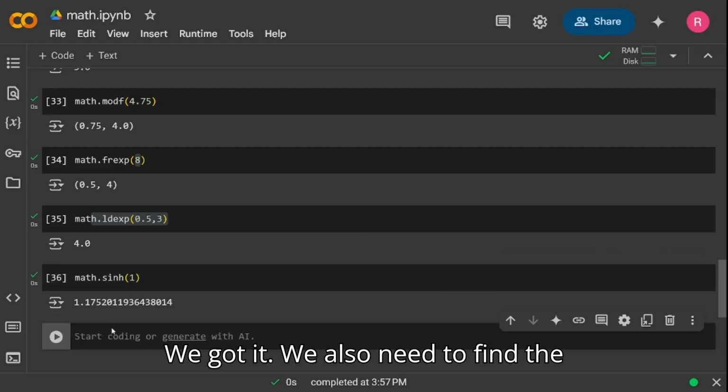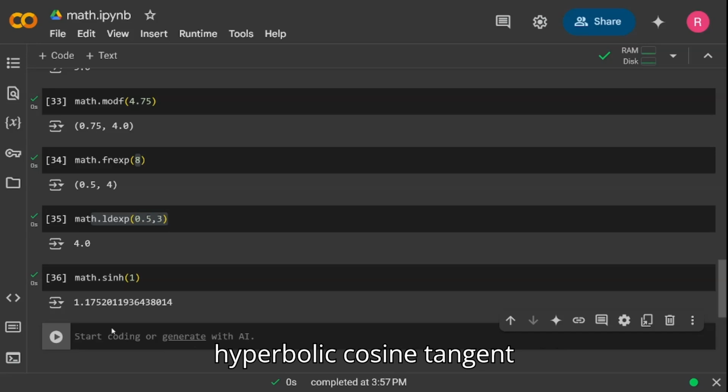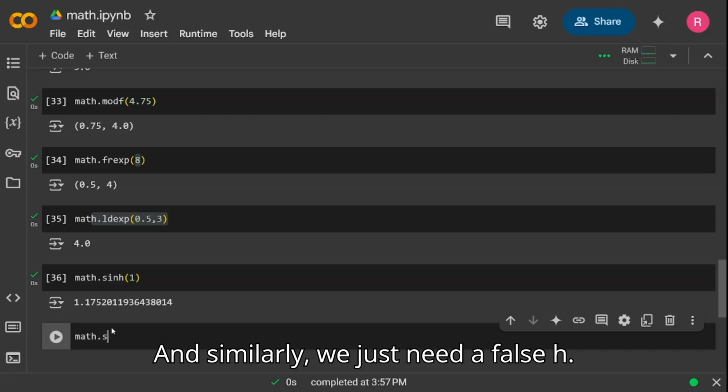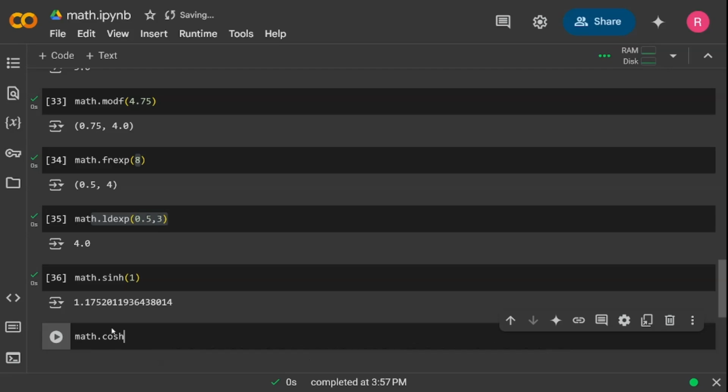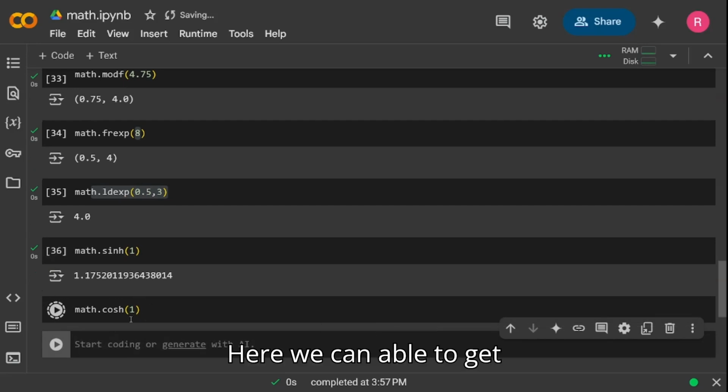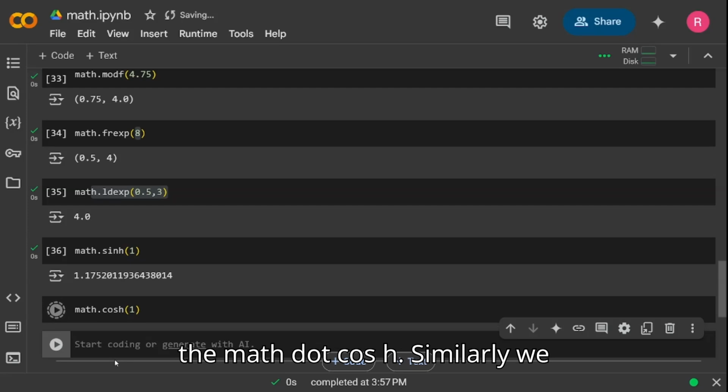Similarly, we can find the hyperbolic cosine, tangent, and inverse hyperbolic functions. In a similar way, we just need cosh of 1. Here we are able to get the math.cosh.